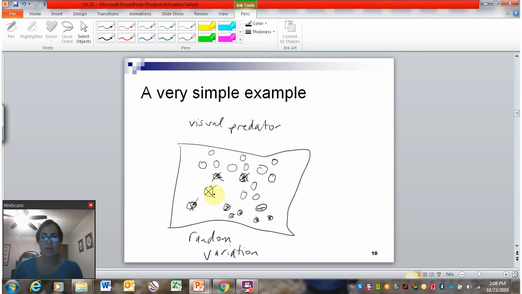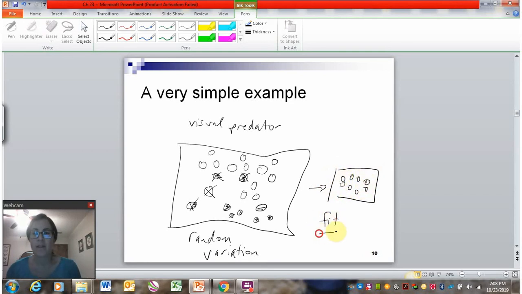But we can see that over time, if this keeps happening, instead of being 50-50 white and black dots, this population would shift to being all or mostly white dots because they are more fit for this particular environment, right? So in this particular environment, the white dots have greater fitness, they survive and reproduce more, so evolution would result in a population that has more of the white instead of the black dots.